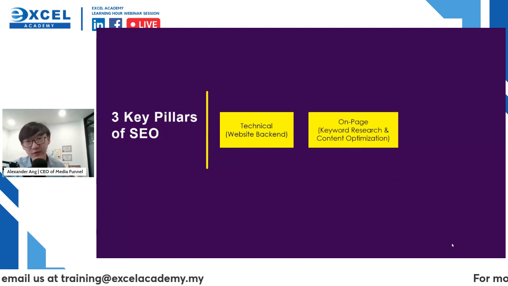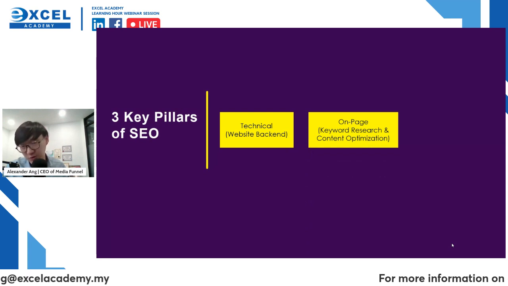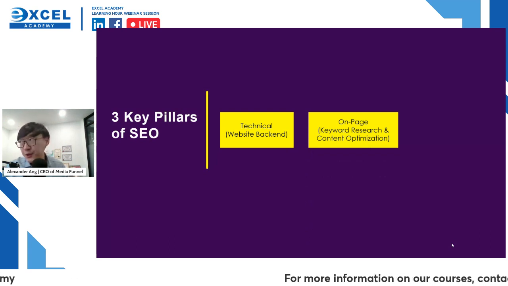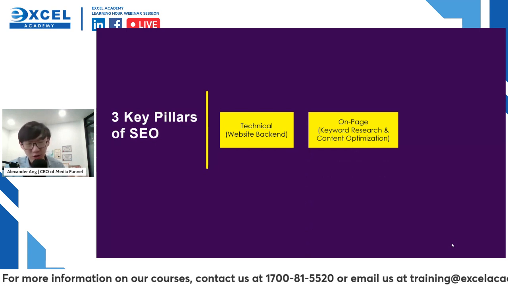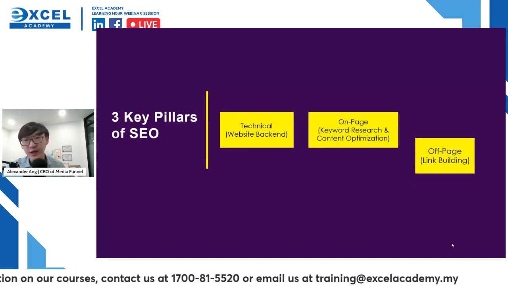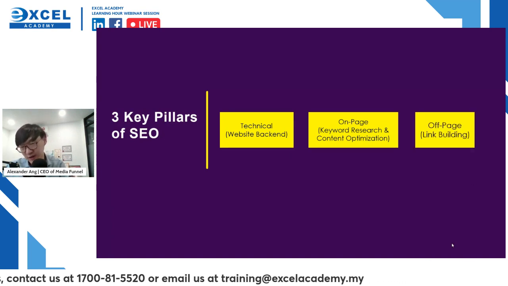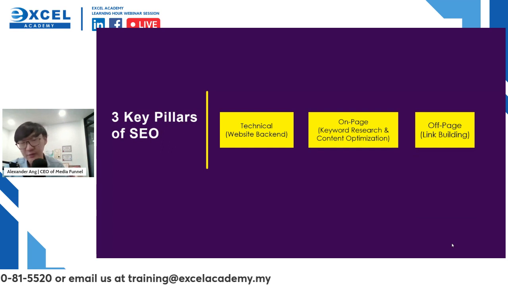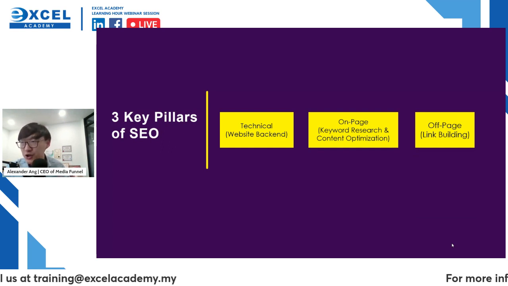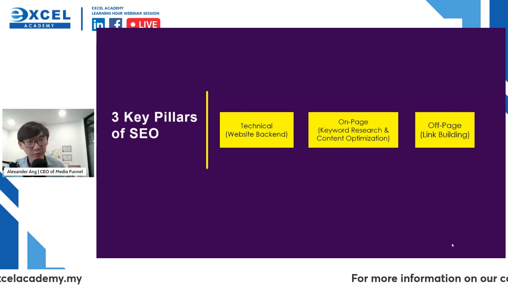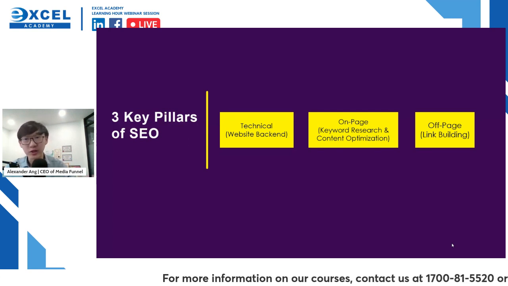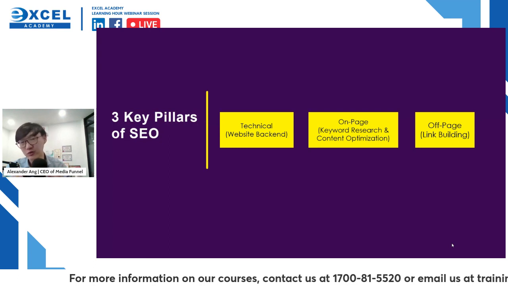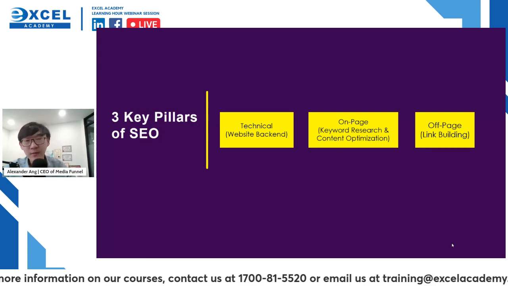Now, the second part of SEO is on-page SEO, where we will talk about keyword research, analysis, and then brainstorm what types of keywords or content we should optimize. And of course, there's another part of SEO which we call link building strategy, an outreach strategy to work with people or to get yourself featured on other people's or high authority websites to build links back to your website. Okay.